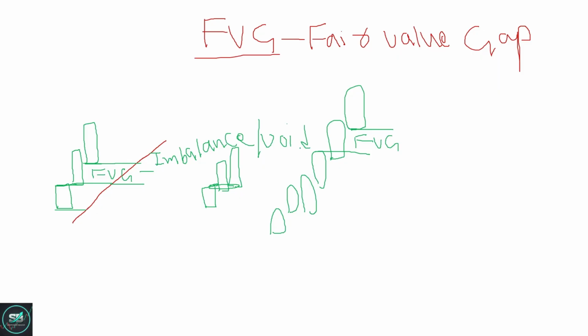Why are these gaps going to form? When institutions place huge orders in this candle, price moves so fast that normal buying and selling is skipped, and then the gap is formed here. So this gap is called an imbalance or void.